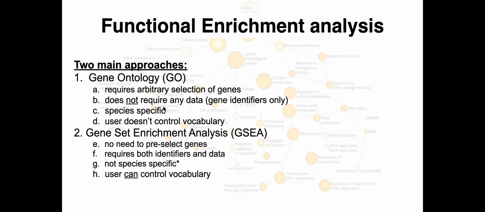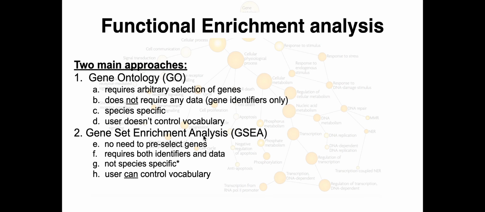That's in contrast to another equally popular approach for enrichment analysis called gene set enrichment analysis, or GSEA, that in contrast to GO, you do not need to pre-select your genes. You're not selecting genes like you did with GO enrichment.